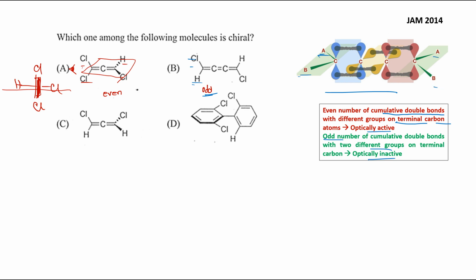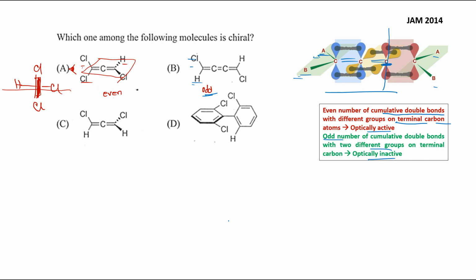But if you are having the molecule only up to this point where you have only 2 double bonds, that is an even number, then the groups at this carbon, these 2 groups and these 2 groups, will not be in the same plane. So that is why it will be optically active. But in this case, it is an odd number, it is inactive.